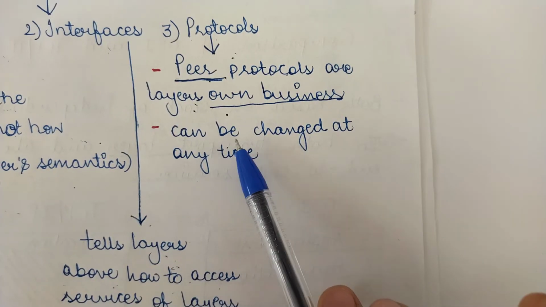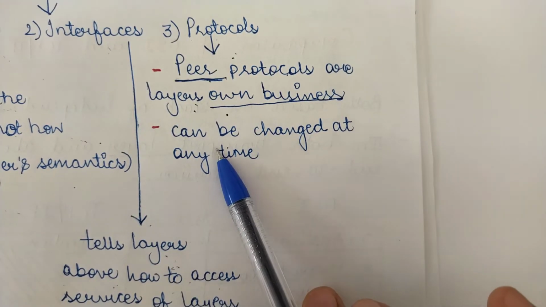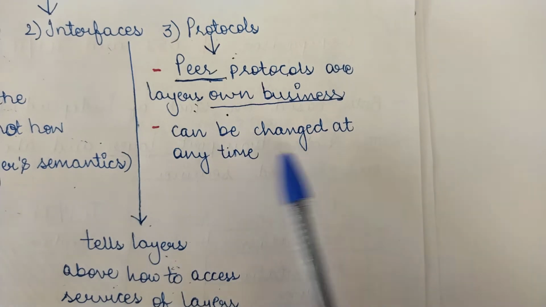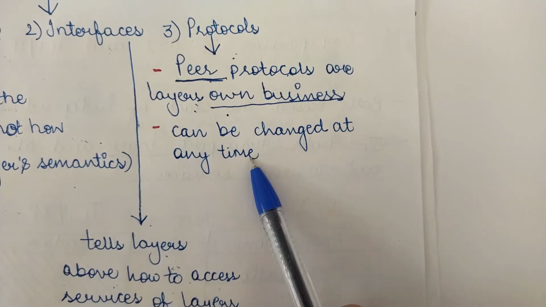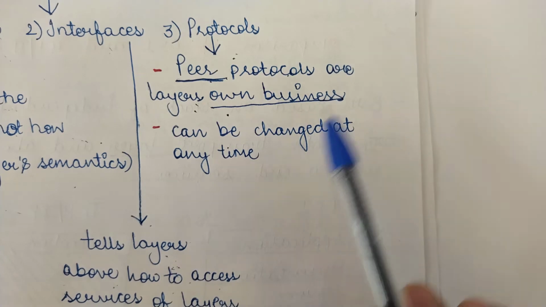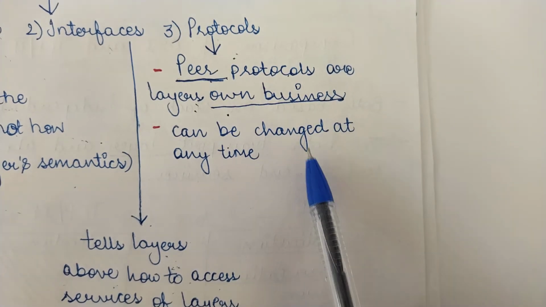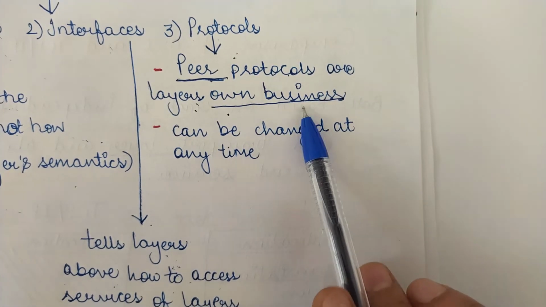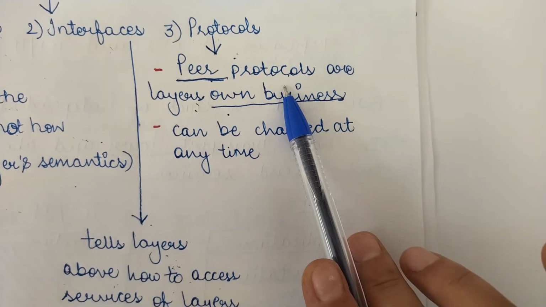At the same time, at any point of time, these protocols can be changed by the layers independently, as long as its job is getting done and it is able to provide services to the layers above it.